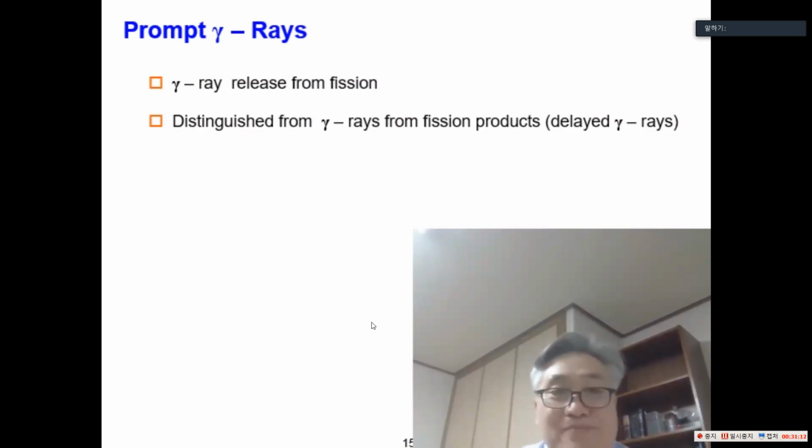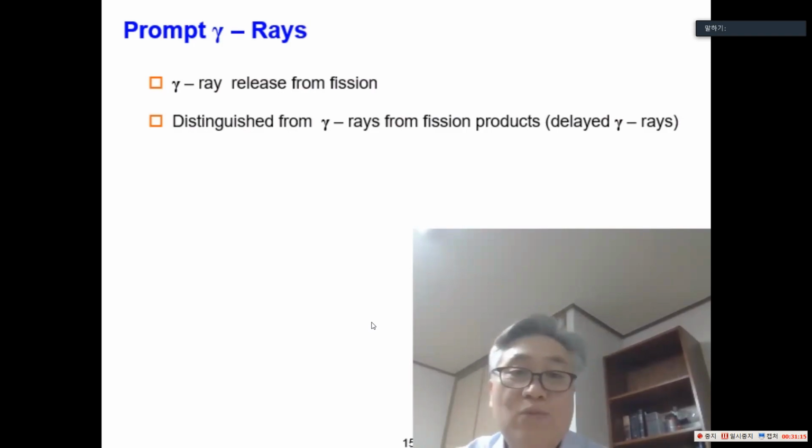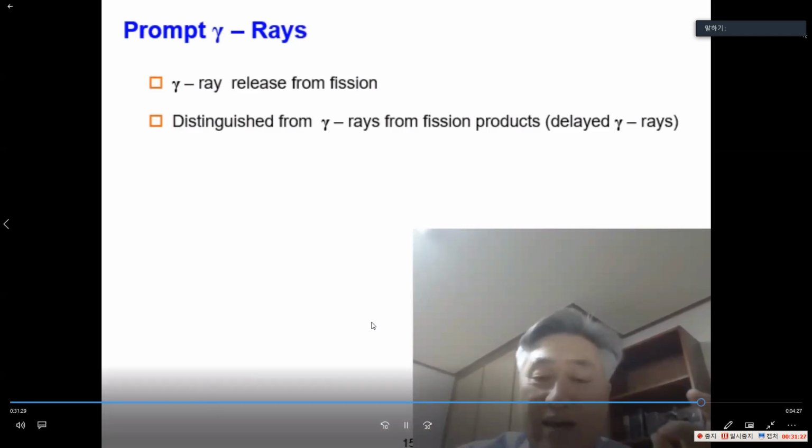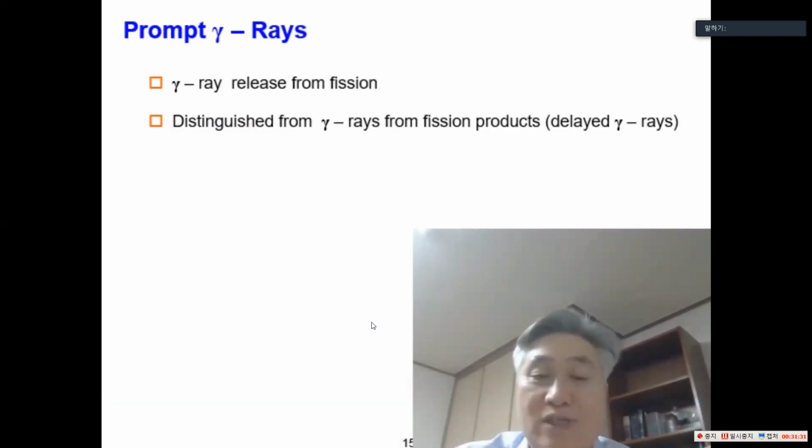Today we learned about decay heat, and decay heat is quite important because in nuclear engineering, for the safety of nuclear reactor, we have to cool down the decay heat after we shut down the reactor.